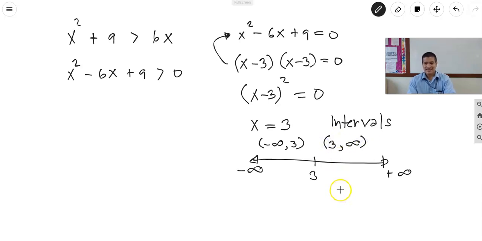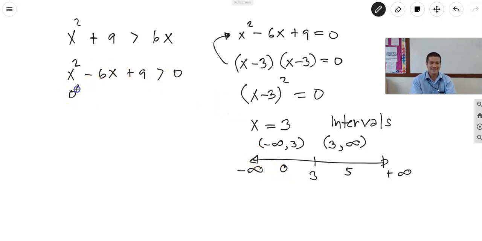Let's test our equation to see which values give us greater than 0. From negative infinity to 3, let's choose 0, and then from 3 to infinity we'll choose 5. Use values greater than 0 for the test. Let's try 0.